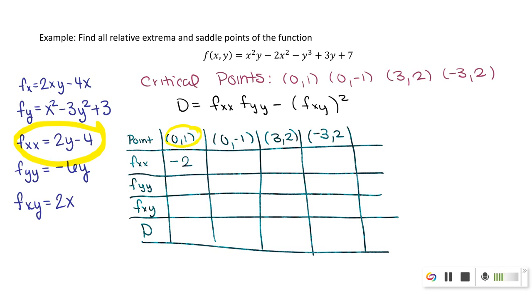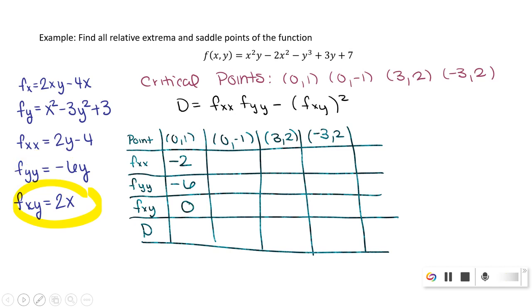So when we have the point (0, 1), if I plug x equals 0, y equals 1 into my f sub xx, I end up getting 2 minus 4, or negative 2. And then if I take that same point and plug it into my f sub yy, I get negative 6 times 1. That's negative 6.